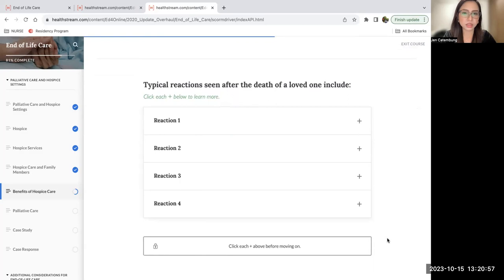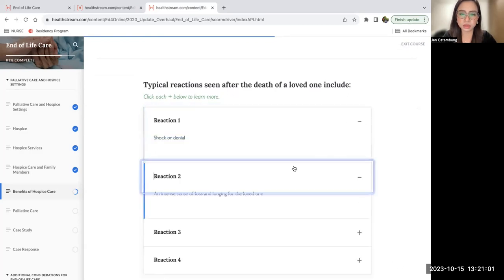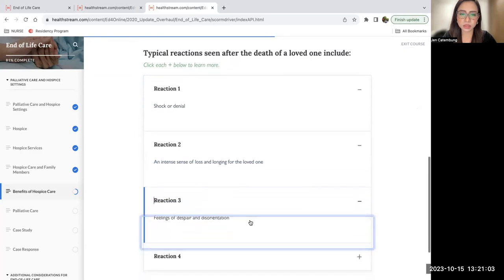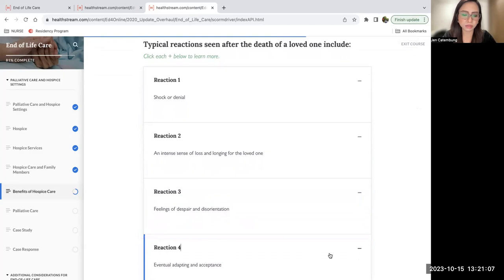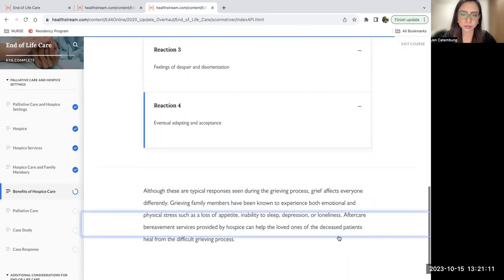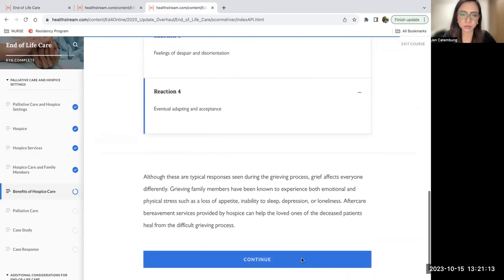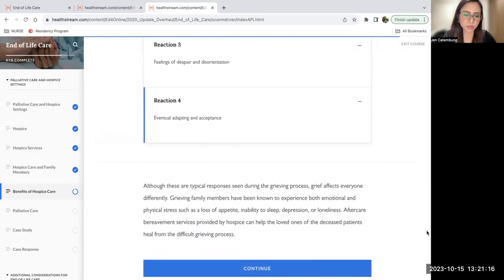Typical reactions seen after the death of a loved one include shock or denial, an intense sense of loss and longing for the loved one, and eventual adapting and acceptance. Although these are typical responses seen during the grieving process, grief affects everyone differently.